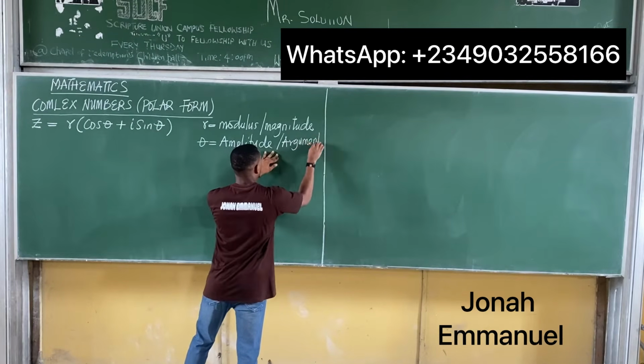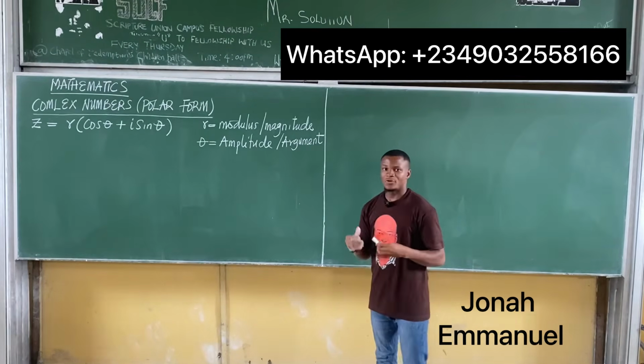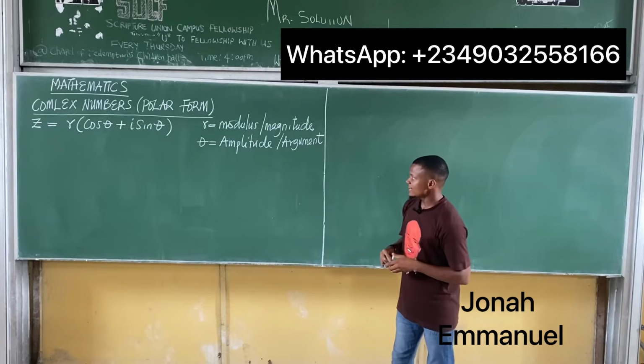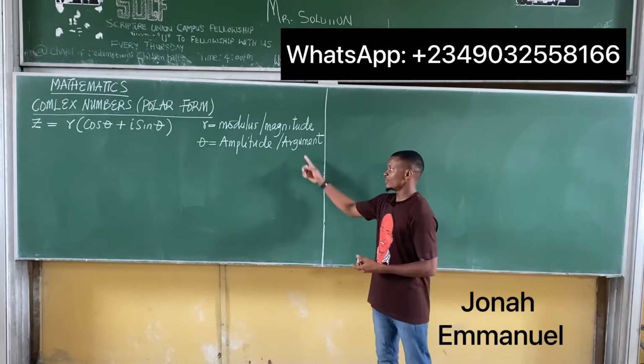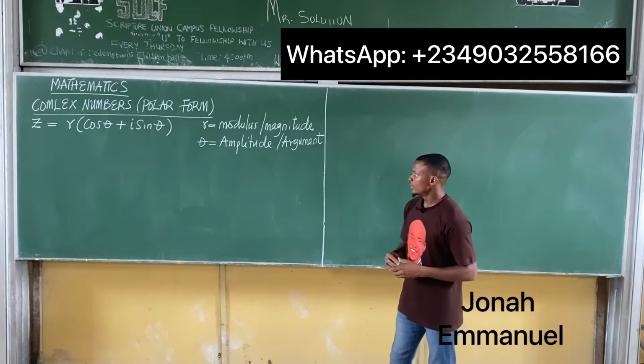Another name for amplitude is argument. So theta is also called the amplitude or the argument, which is simply the angle there. In the last class, I didn't mention that theta is called argument, so you can just note it for this class that theta is also called argument.